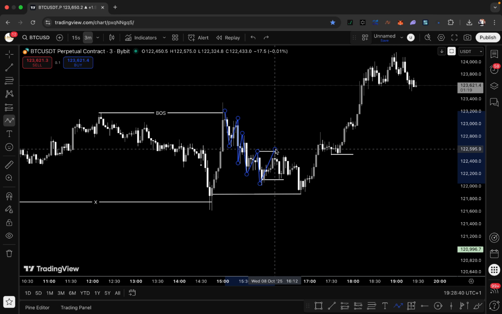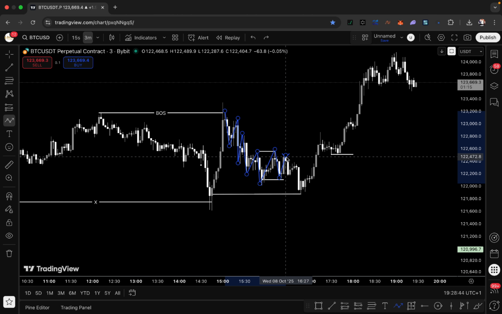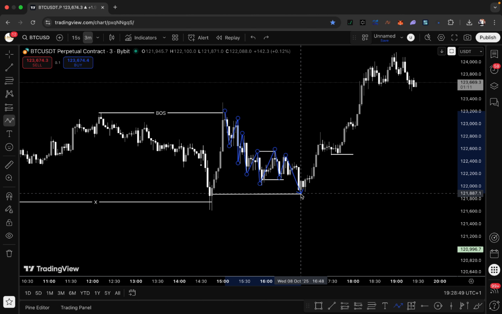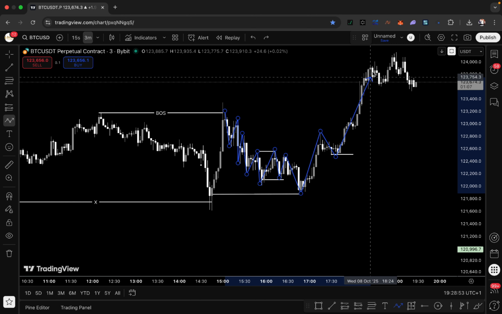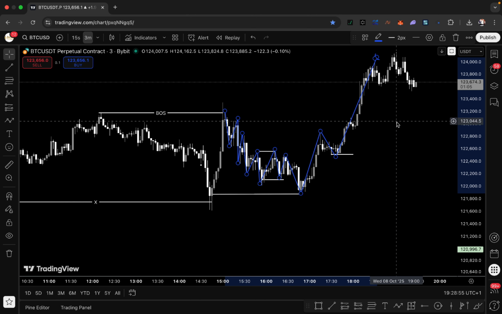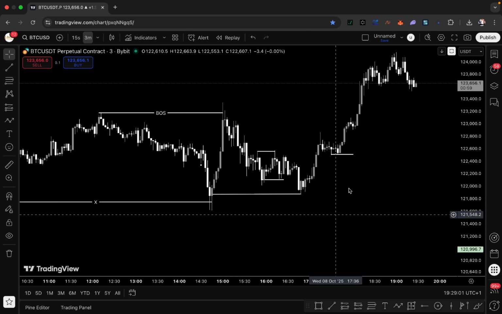It started ranging again, then fooled everyone, played all the retailers, swept everyone here, bought from the POI, then started moving. Boom. Simple. But if you don't know this before, you would probably also be a trap.